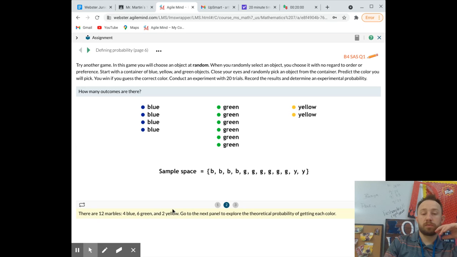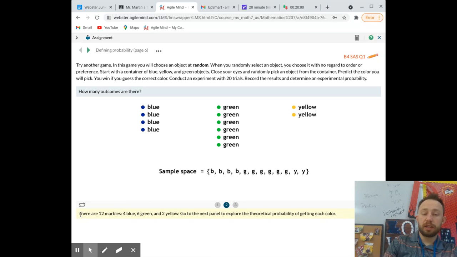Alphabetical order. Well, they did put it in alphabetical order, but it's also showing how many times you could possibly land on blue, how many times you could possibly land on green, and how many times you could possibly land on yellow. So that is our sample space.